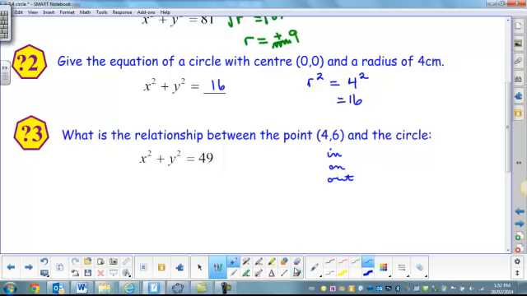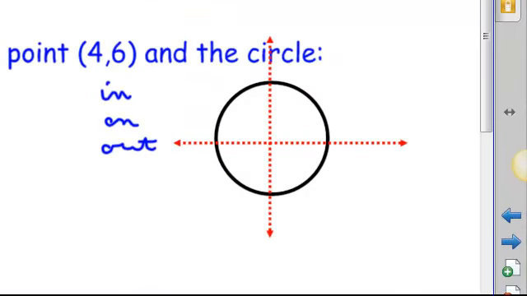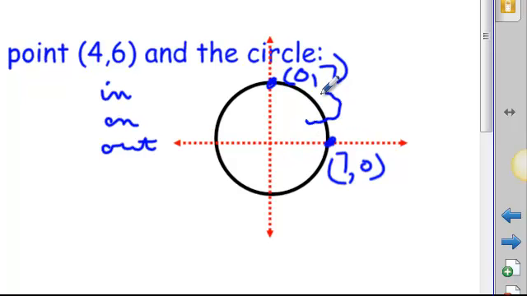We could take a picture of this and imagine we've got our circle, x and y axes, and my radius of this circle would be 7. So that would be the point 7, 0, and this would be 0, 7. And the point 4, 6 is somewhere around here, but I'm not sure if it's inside, on, or outside the circle.